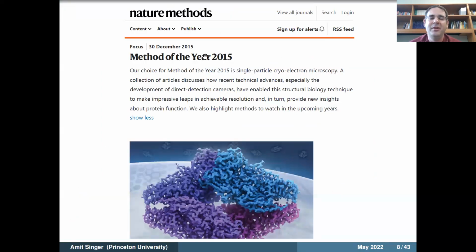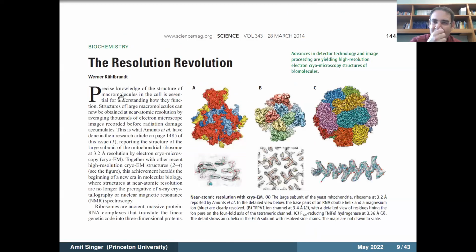In 2015, Nature Methods selected cryo-EM as method of the year. And this is another paper from Science around the time, in 2014, the resolution revolution. Here in green, you see what I told you a minute ago: advances in detector technology and image processing are driving high resolution electron cryo-microscopy structures of biomolecules.